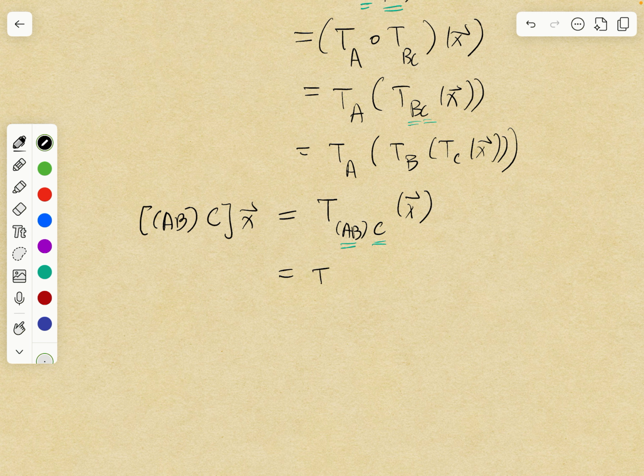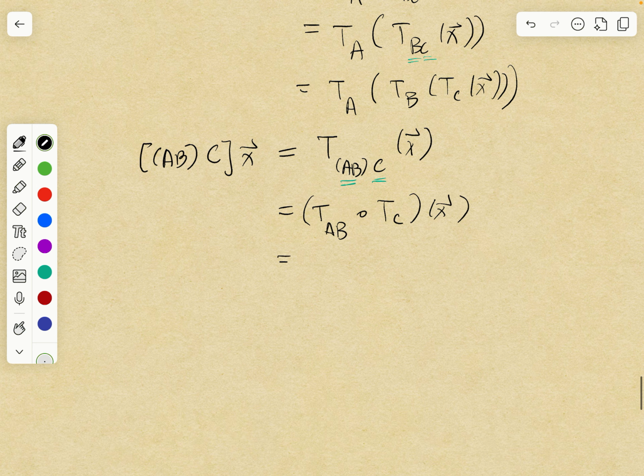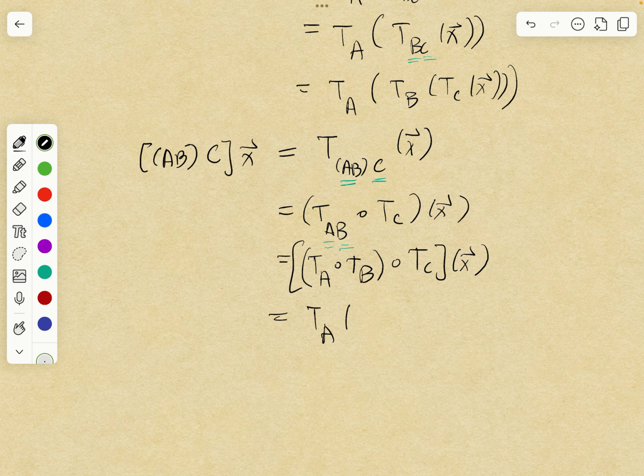And so this is going to be T sub AB composed with T sub C of X. But now T sub AB, again, I have a product of two matrices, and so that's going to be T sub A composed with T sub B. Okay, so it's this composed with T sub C of X. And that, by definition, is going to be T sub A of T sub B of T sub C of X.